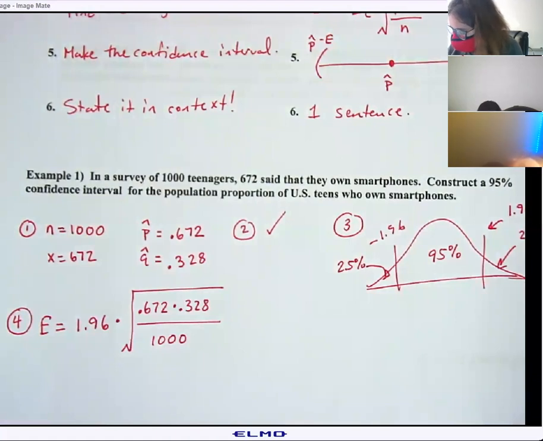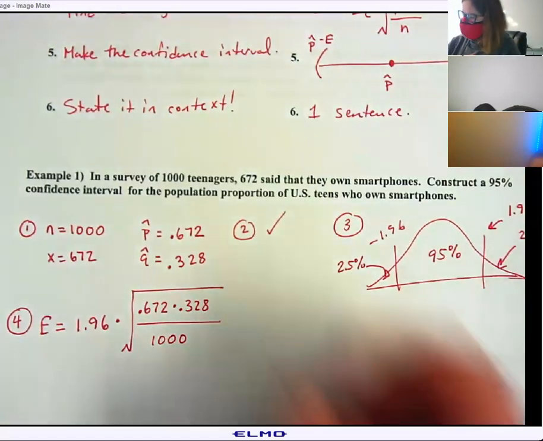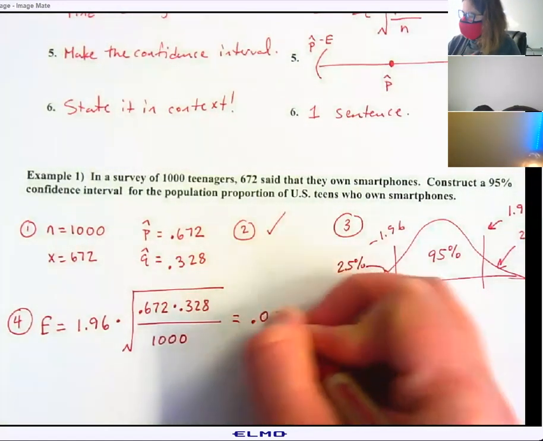If you are having problems figuring out exactly where the parentheses and all that stuff should be in your calculator, let me know. I got 0.029.